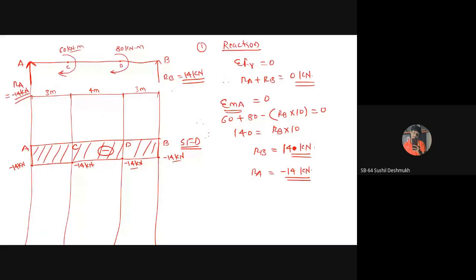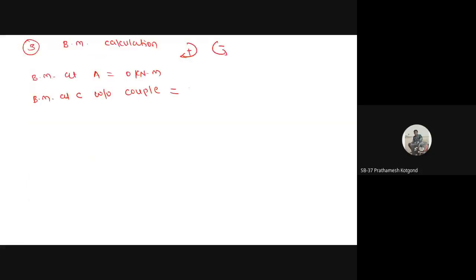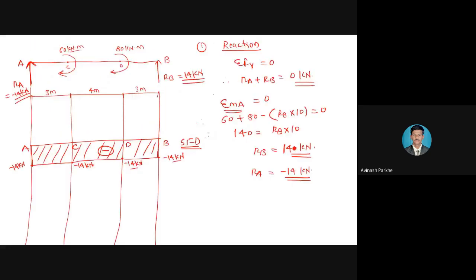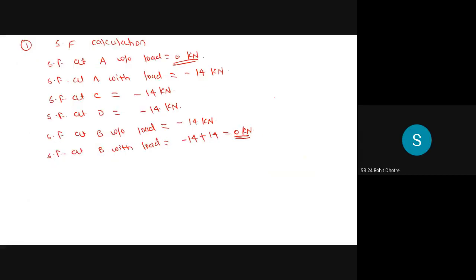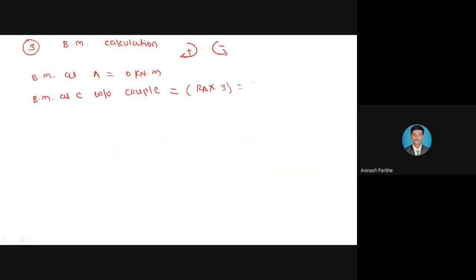Clockwise. Let us see. Means RA into distance, RA into 3. So minus 14 into 3. What is the value? Minus 42 kilonewton meter. This is the without couple.